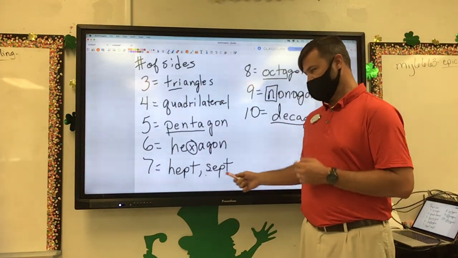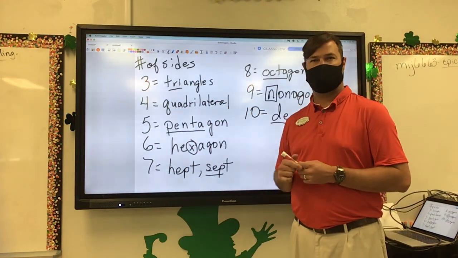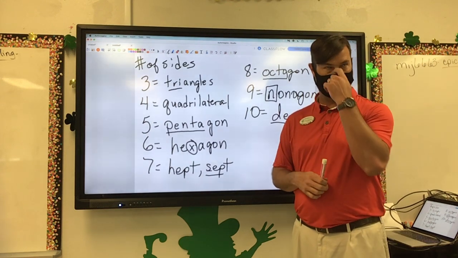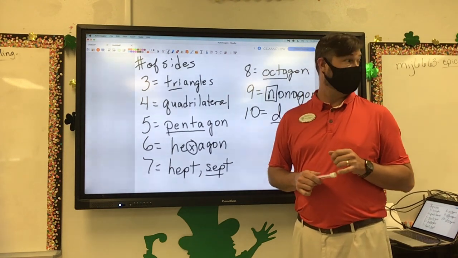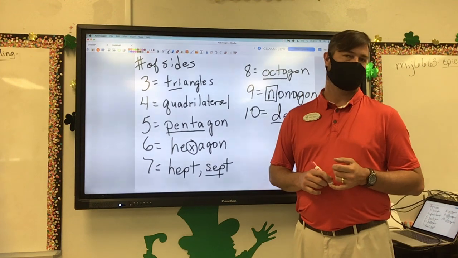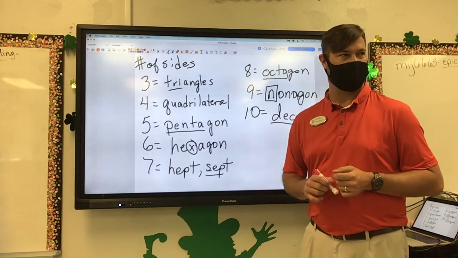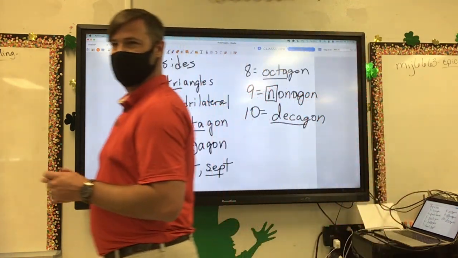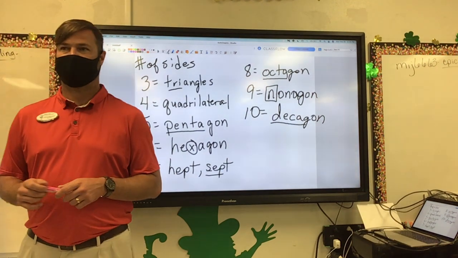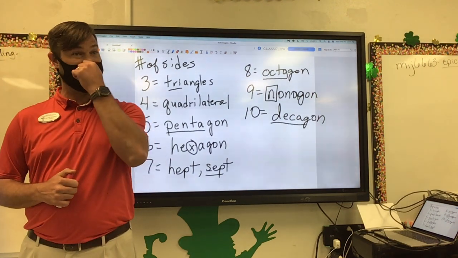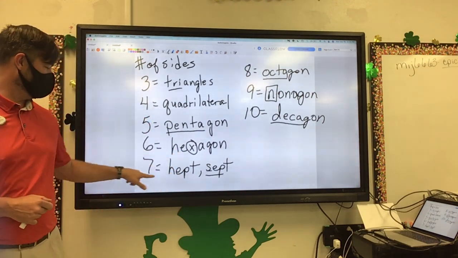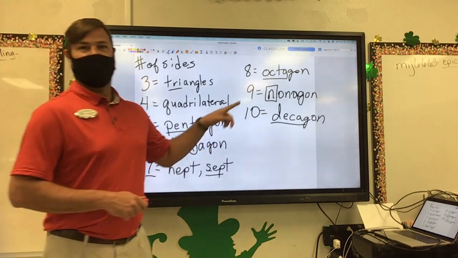This is called a septagon, and it's 7. Where have you heard septa before? I'll spell it differently. September. So September is the 7th month. And guess what?